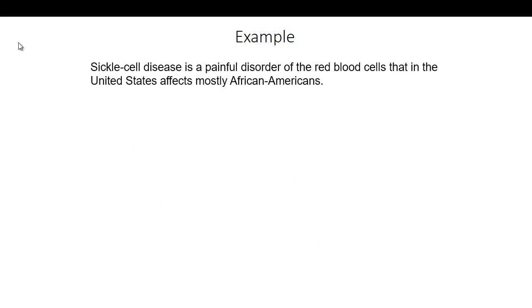Sickle cell disease is a painful disorder of the red blood cells that in the United States affects mostly African Americans.